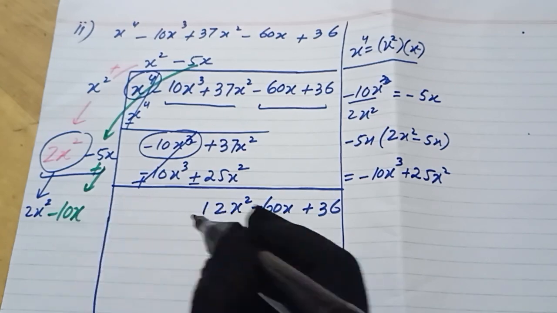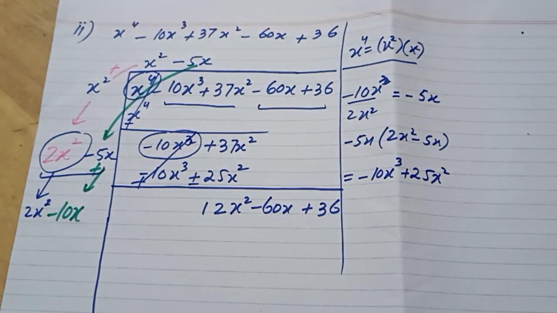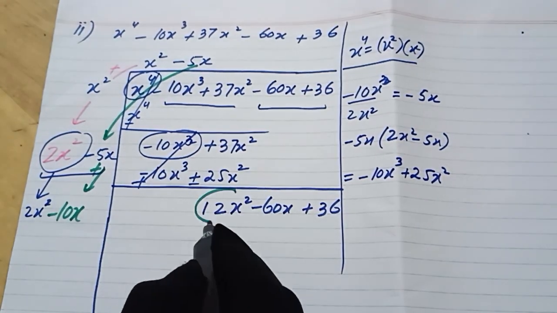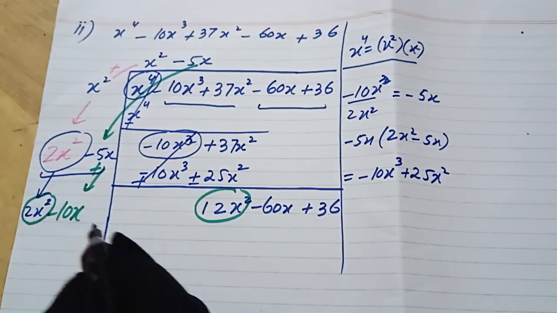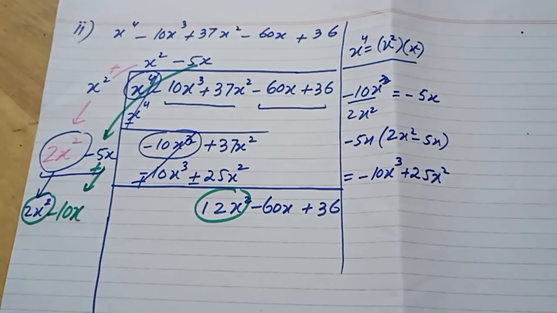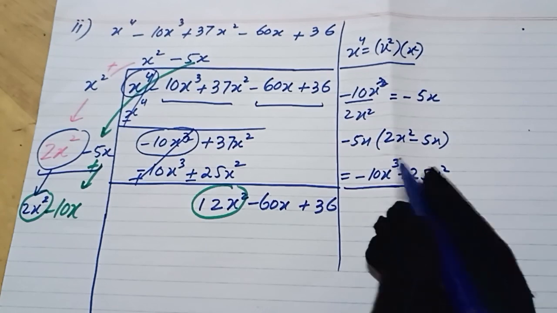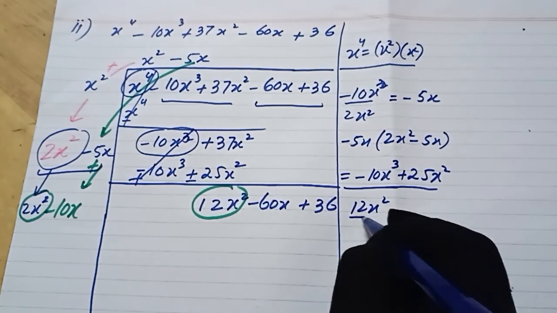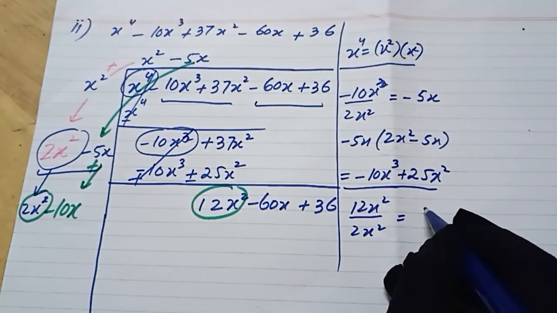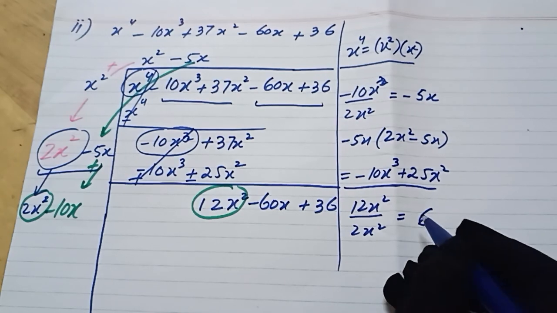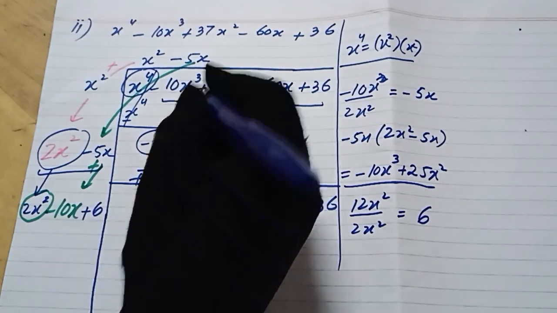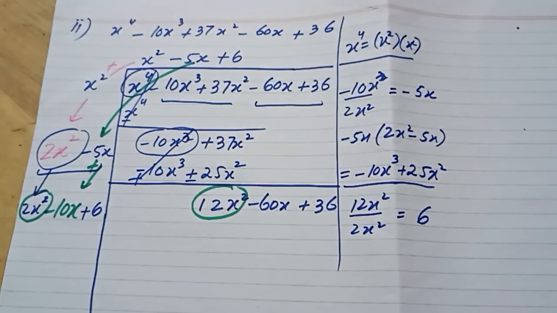Now we will divide first term by first term again to check the next term. So here 12x square divided by 2x square, and your answer is 6. 6 you will write here and 6 you will write in the quotient also.